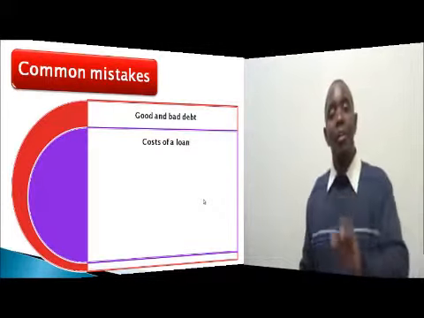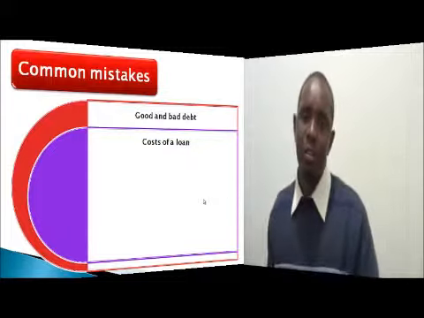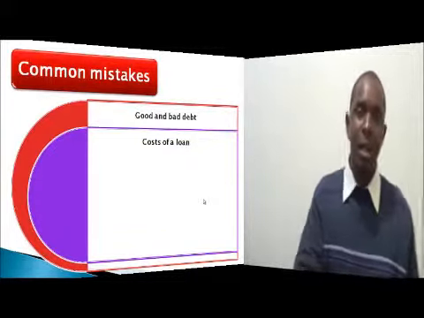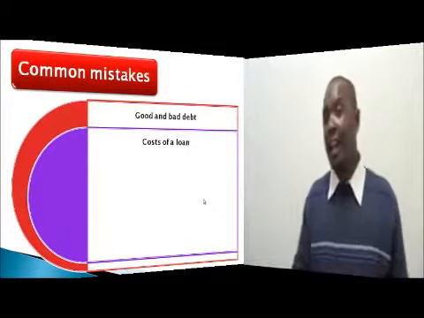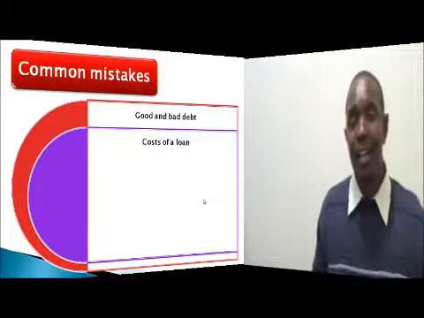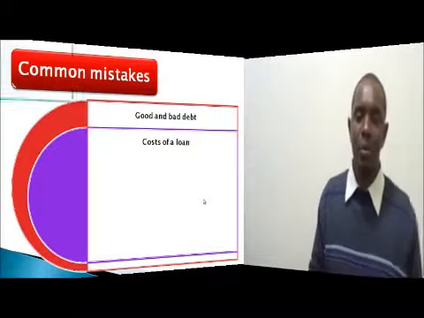So the costs of a loan, and also factoring in the indirect costs. I've just mentioned some of the direct costs, but there are also indirect costs that need to be considered. Like you may have to close your shop to attend these meetings. That's a cost that you need to consider.